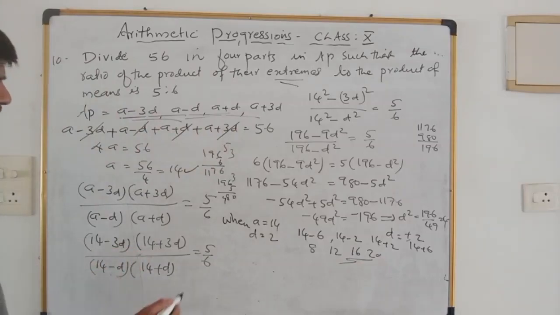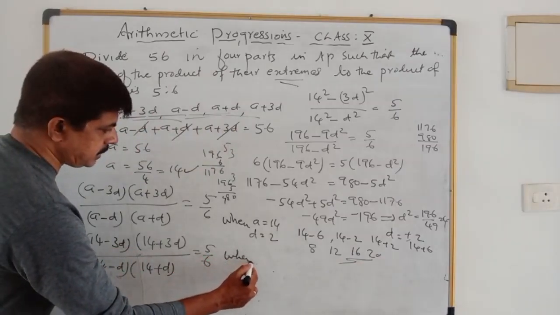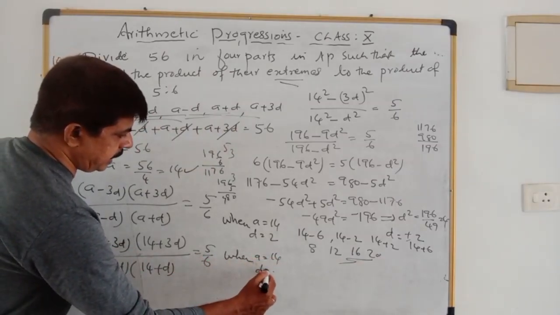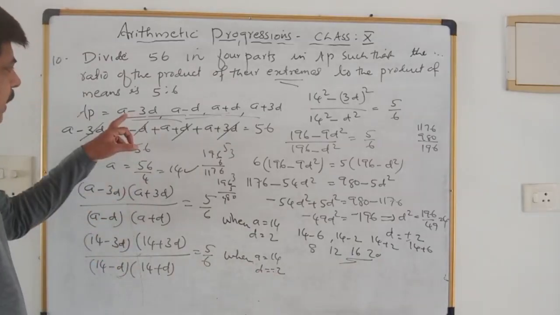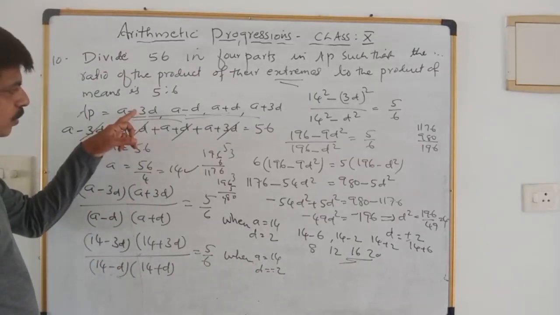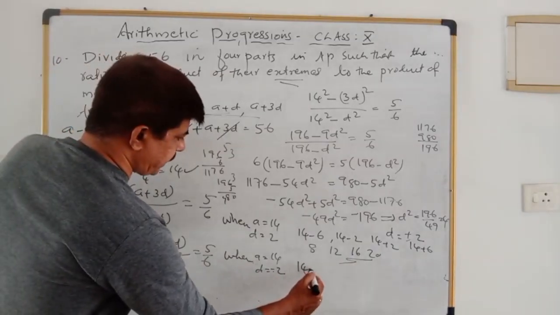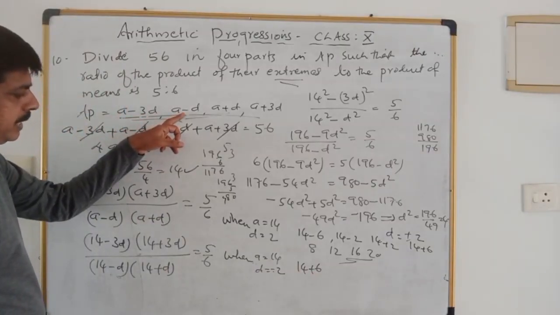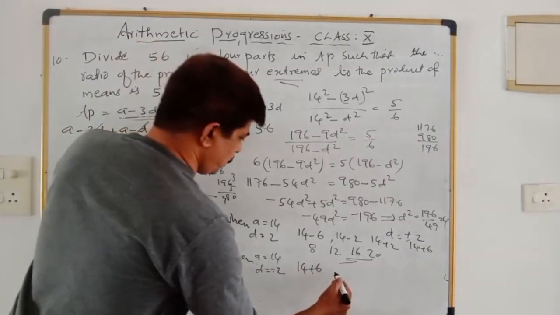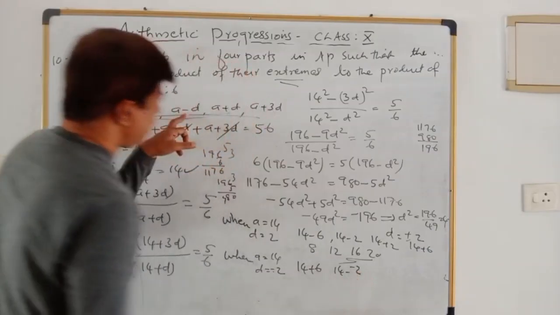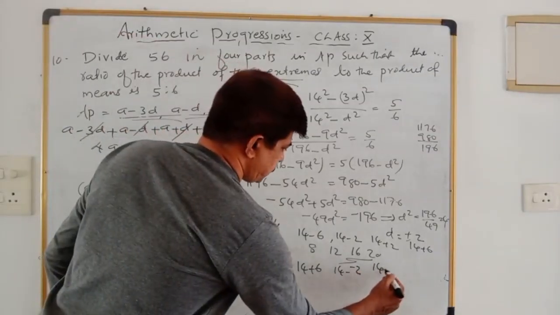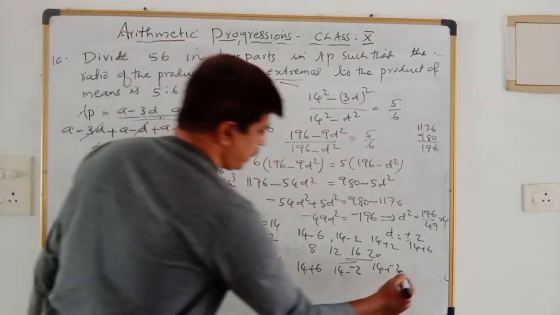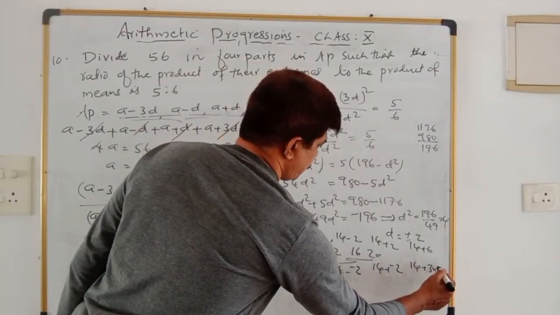Now we can form another AP when a is equal to 14 and d is negative 2. That time 14 minus 3 into minus 2, which is 14 plus 6. Next one, 14 minus minus 2. 14 plus minus 2. 14 plus 3 into minus 2.